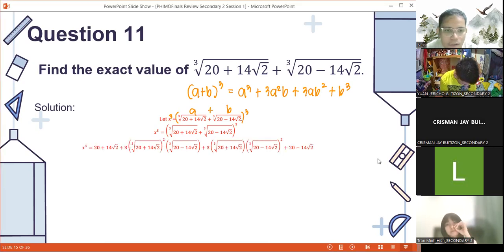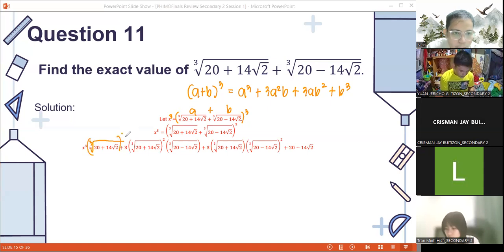So proceeding to the solution, we already have this one. So see, it's a very lengthy solution. This is a cube root. You cube it, then you remove the cube root, okay? That's why we have this one, parenthesis, then parenthesis. This one is your 3 and then a squared b.